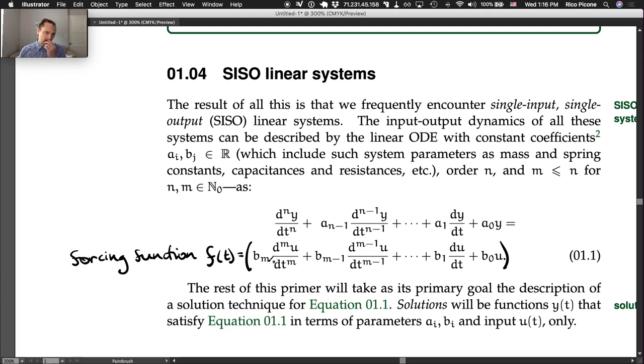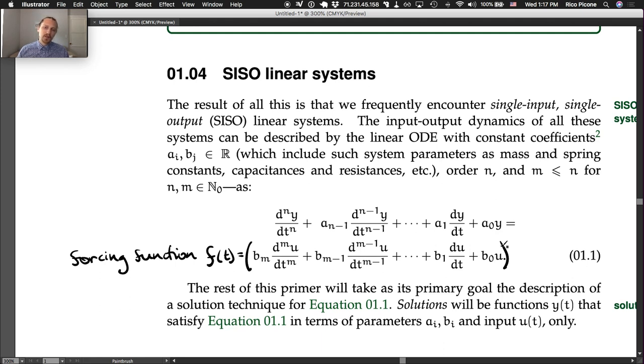So we're going to switch back and forth from talking about inputs and forcing functions, and they're distinct things, right? So u is a part of f, and if m is 0, we end up with just b0 times u, all these other terms go away.